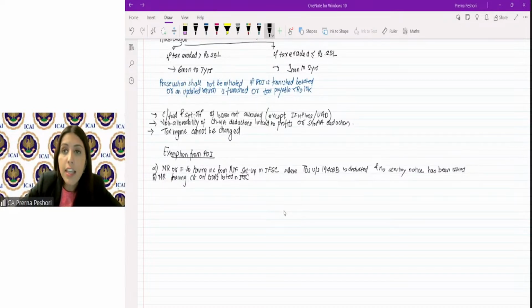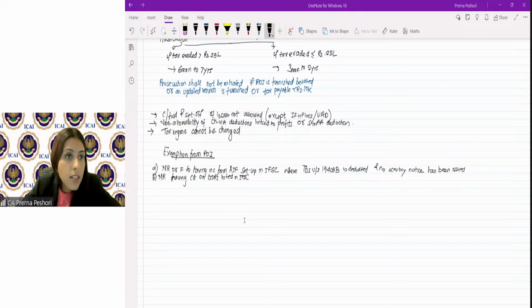Number one is if there is the income which is in the nature of dividend, interest, royalties, fees for technical services, and the TDS has been duly deducted on these particular income as per section 115A, then that non-resident is not required to furnish the return of income.